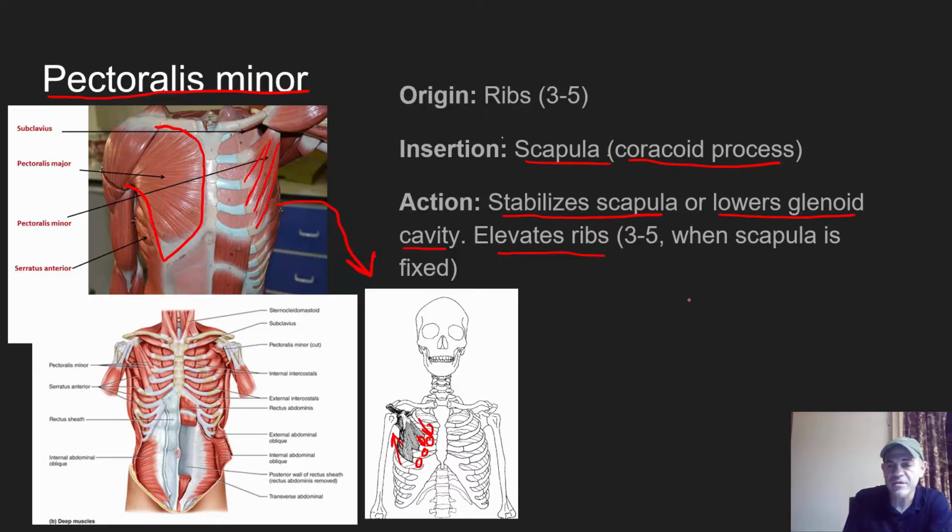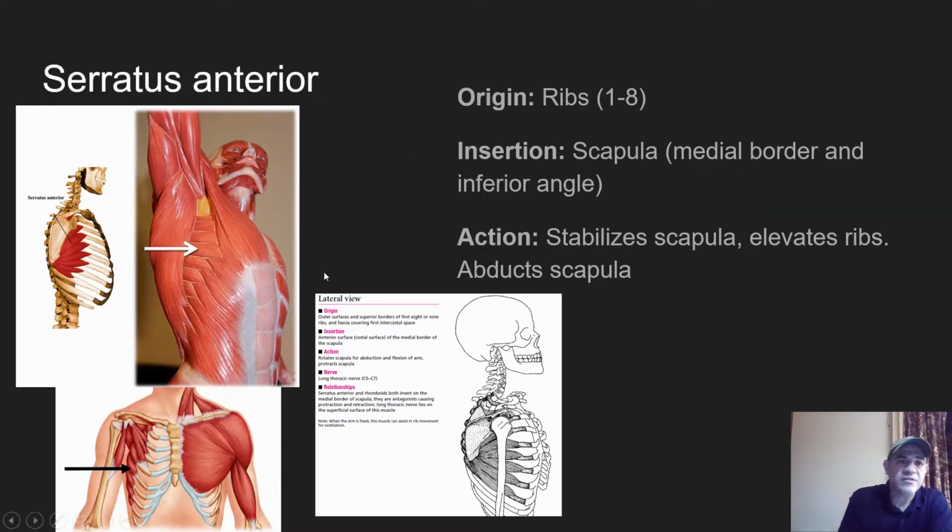Again, the actions really do depend on what other muscles are acting on there, but overall, an easy action to remember would be that it can stabilize the scapula. And then we see this picture on another image, and there are the bellies of the pectoralis minor.